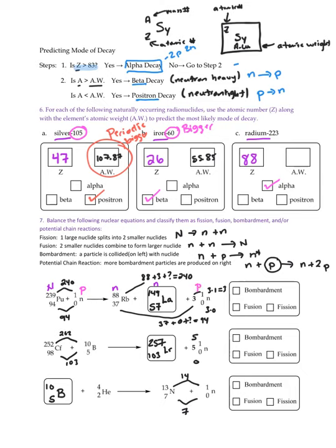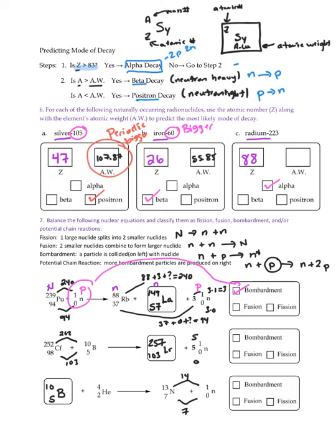So the question is, does this fit the definition of bombardment? Yes, having a particle to the left of the arrow means that you have a bombardment reaction. And you can have a bombardment reaction that is fission, that is fusion, that is neither.